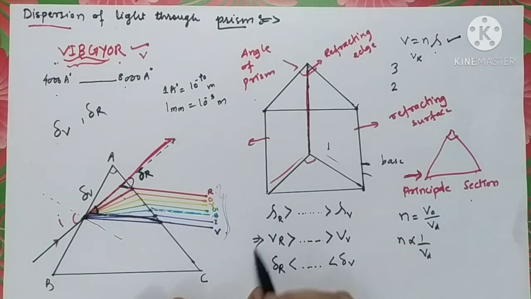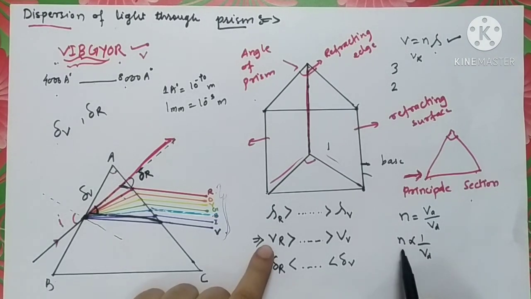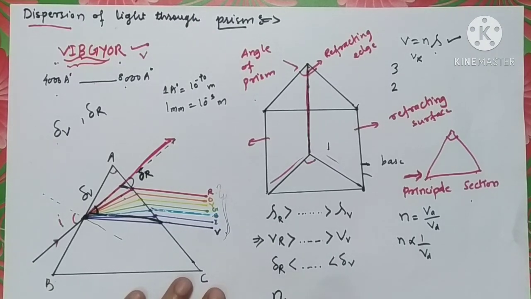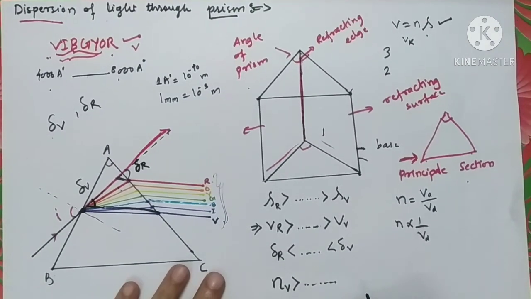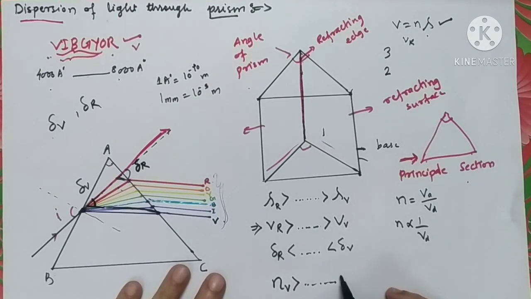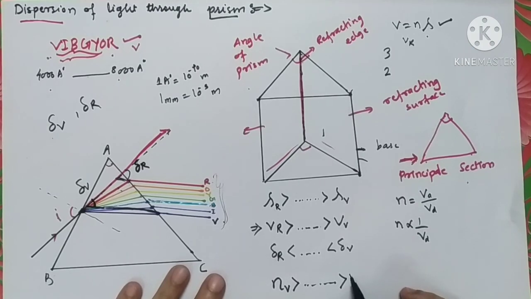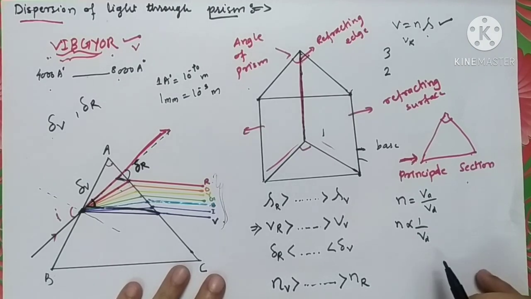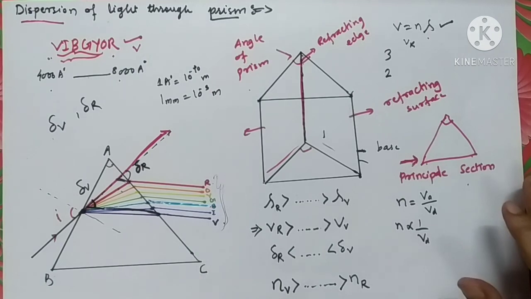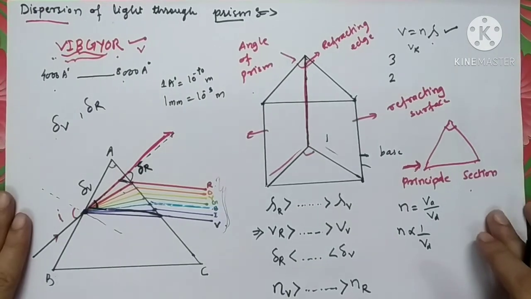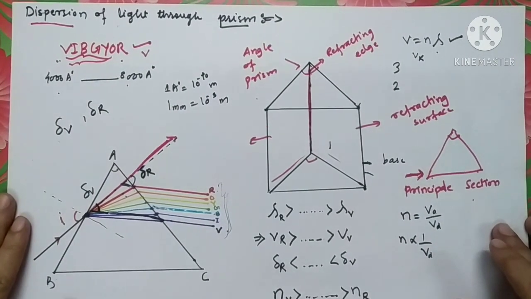So with this information we can write the reverse equation for the refractive index. The refractive index for violet color will be maximum. The refractive index of the rest of the colors lies in between, and the last one is the refractive index of red color. So this is how the process of dispersion occurs in case of prism.